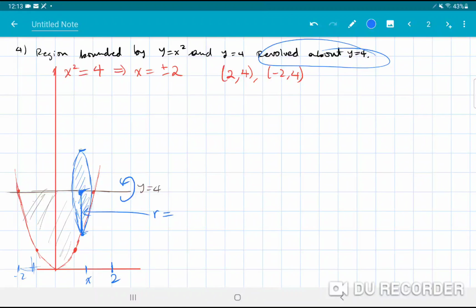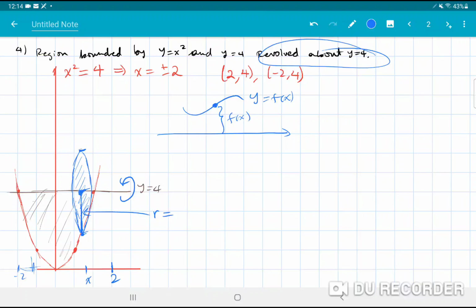I only need one radius because it's not a washer, it's a disk. To calculate this radius, we just have to think a little bit. Like I said before, when we have the x-axis and the graph of y equals f of x, the distance from the x-axis to the graph point is f of x.